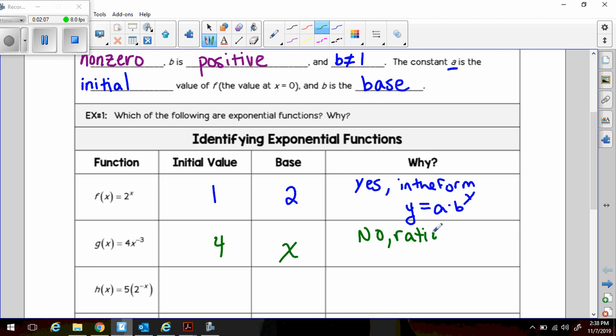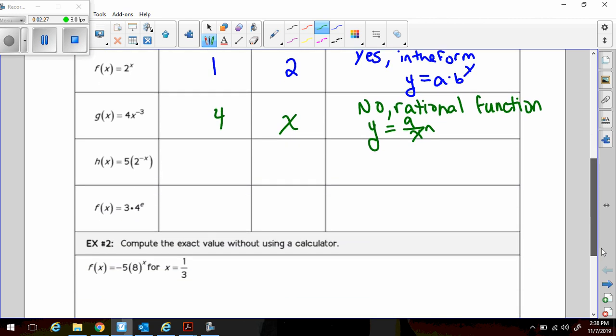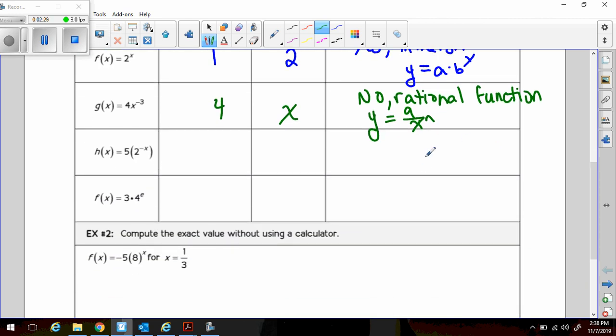This is what we went over last unit. And what it would look like is something like y equals a number over x to a number, but that's an a over x to the n.